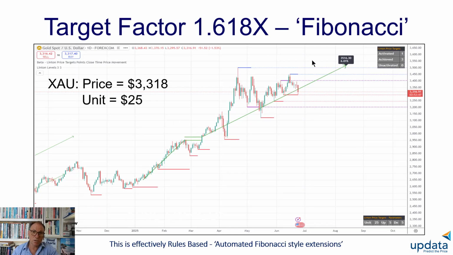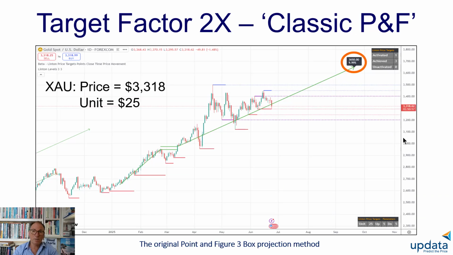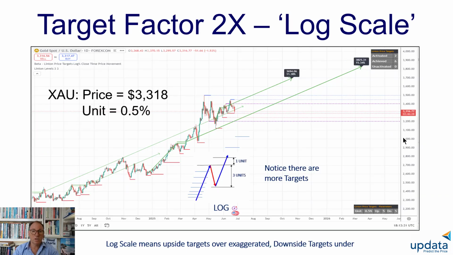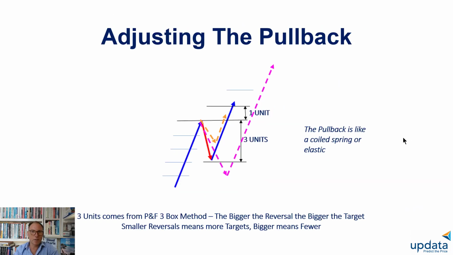Fibonacci, you could use 1.618. If you're a Fibonacci fan, you could use 2 arithmetic, which is the classic point and figure, or 2 log. Your default is 2 log. That's what I use. Remembering upside targets will be exaggerated and downside targets will be under exaggerated. You can adjust the pullback. I really don't recommend you do this, but it's there. It's a possibility.